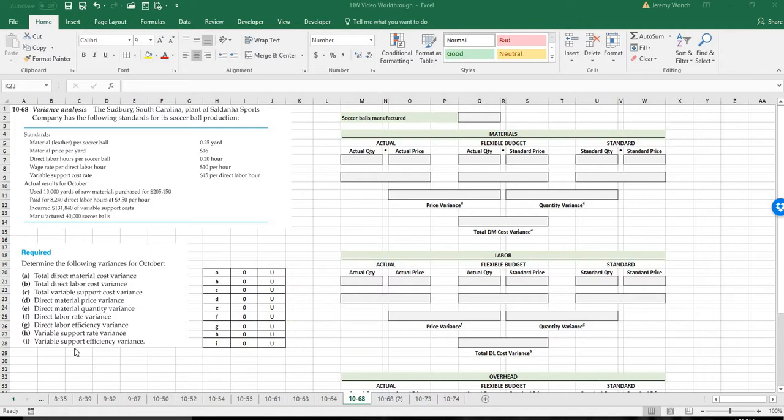For example, say you're building picnic tables, and your cost of materials is lower than what you budgeted. You might look at that and say, hey, that's great. Our cost for this wood for this picnic table was lower than we anticipated. But if you really dig into that number, you might see that it was lower.